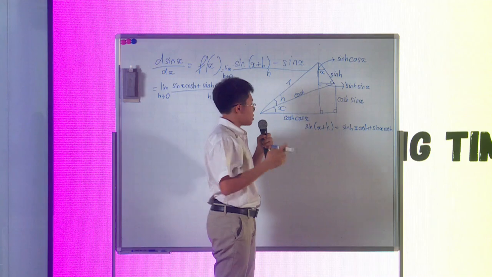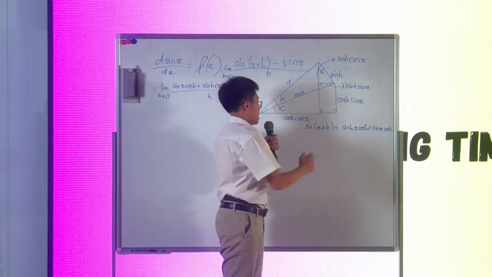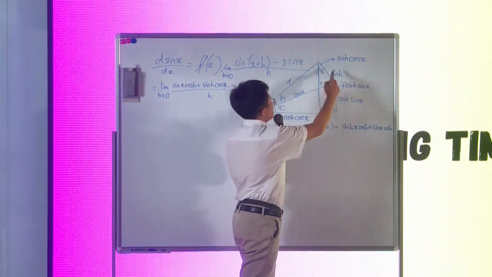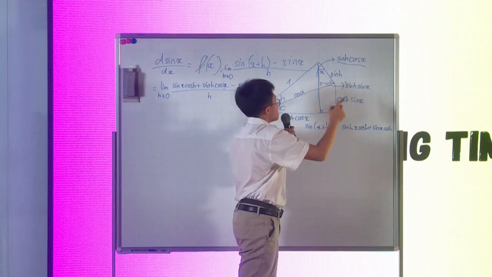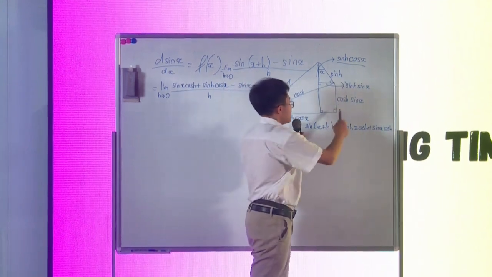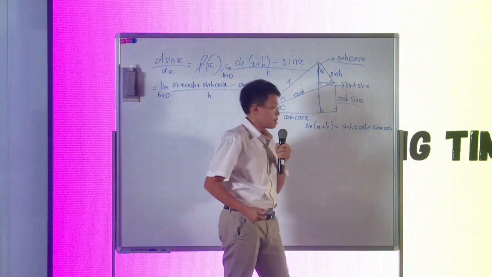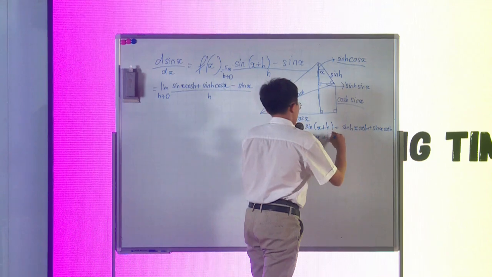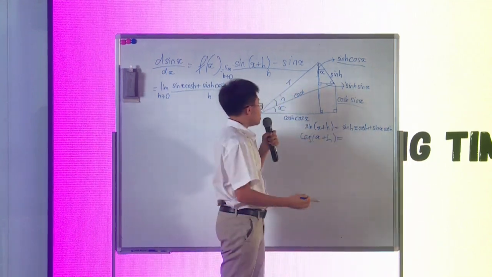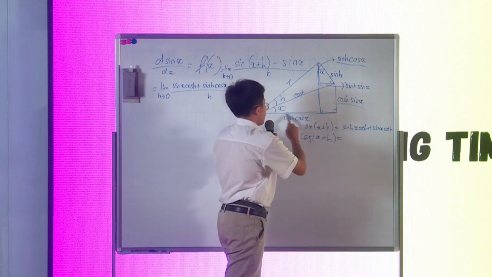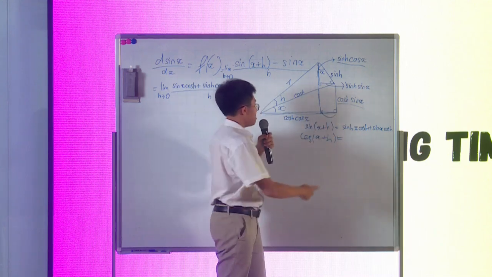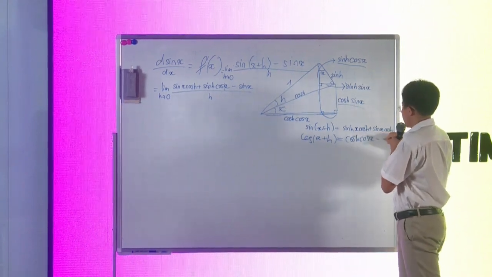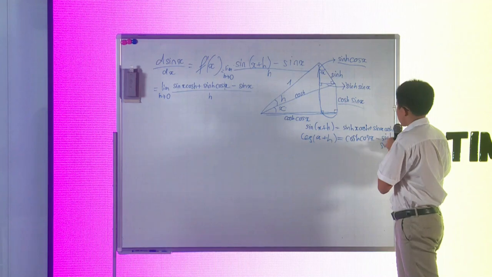So now we have the equation for sine of x plus h, which is equal to this long side. So it will be equal to sine of x cosine of h plus sine of h cosine of x. For cosine of x plus h, it will be equal to the lower side minus this part, which is cosine of h cosine of x minus sine of h sine of x.